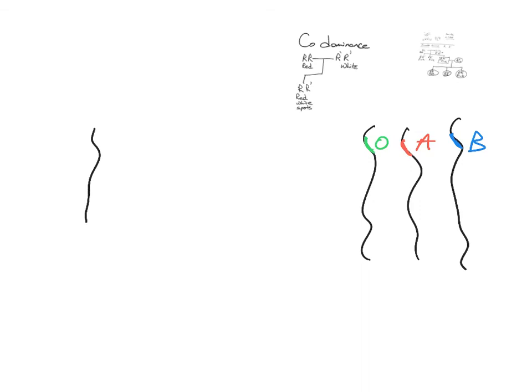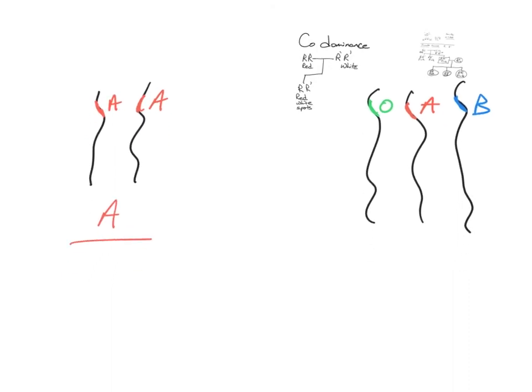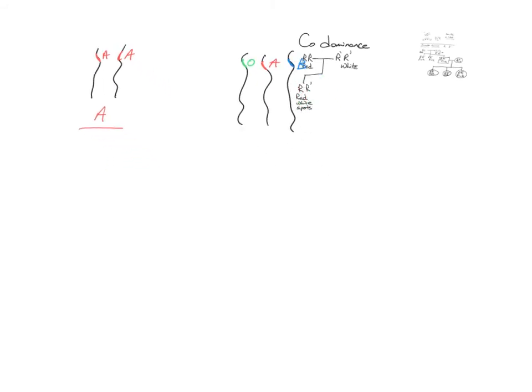So if mom gave you A, and dad gave you A, then what did you get? What's your blood type? A. But if mom gave you A and dad gave you B, what blood type are you? AB.